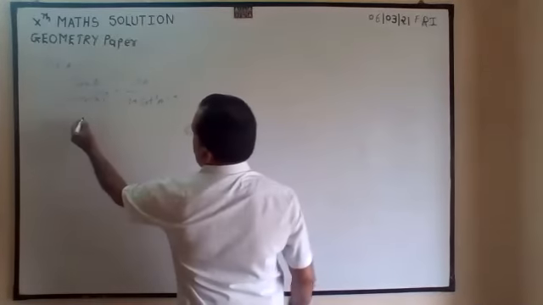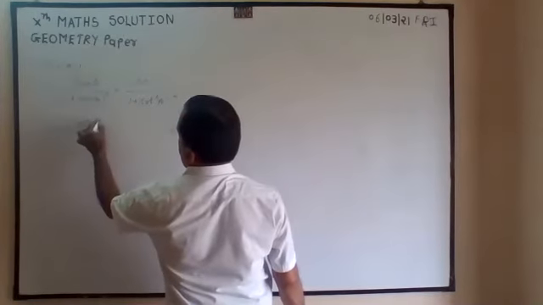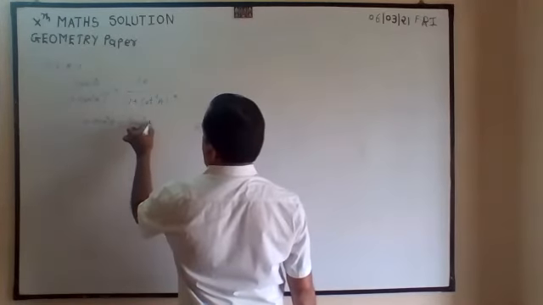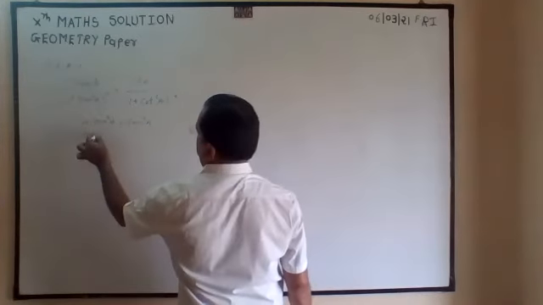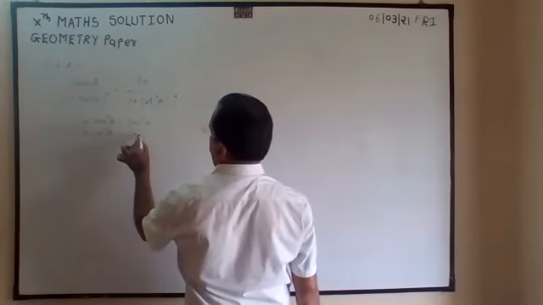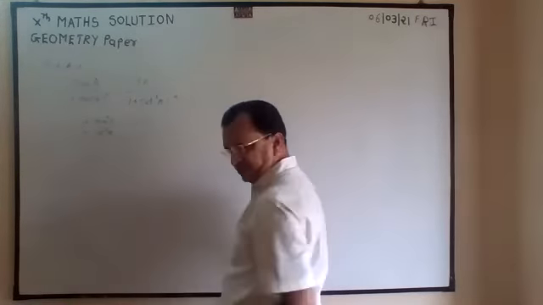So we know that 1 plus tan square a is equal to sec square a, and 1 plus cot square a is equal to cosec square a.